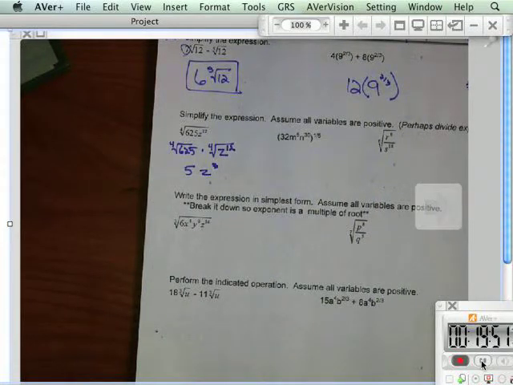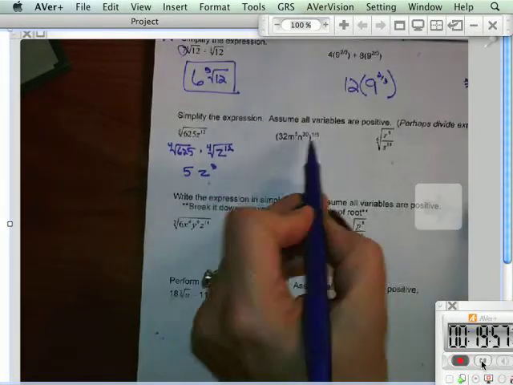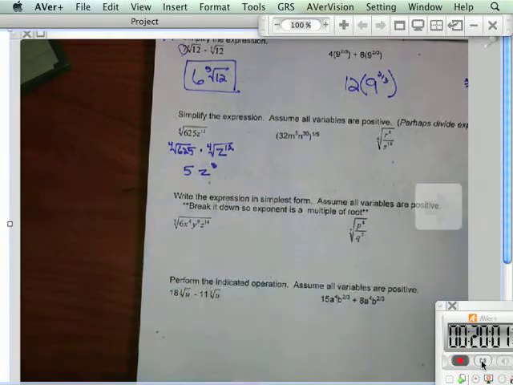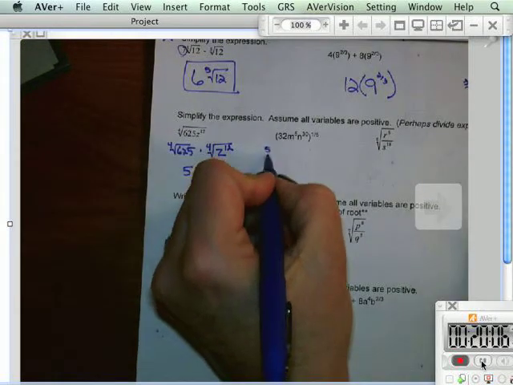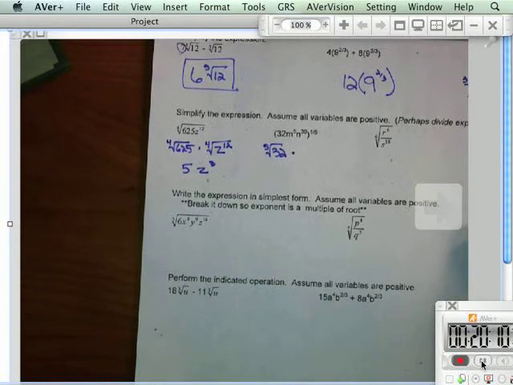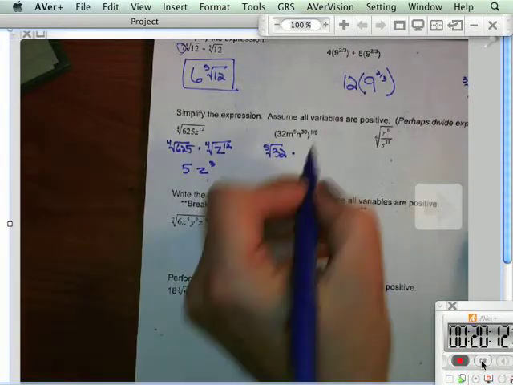Let's keep going and do a couple more of these. All right. So here, I have to the 1/5. Do you remember from yesterday? 32 to the 1/5 is the same thing as taking the 5th root, correct? So I'm going to rewrite it as the 5th root of 32 for that one. And then I'm going to distribute those exponents.